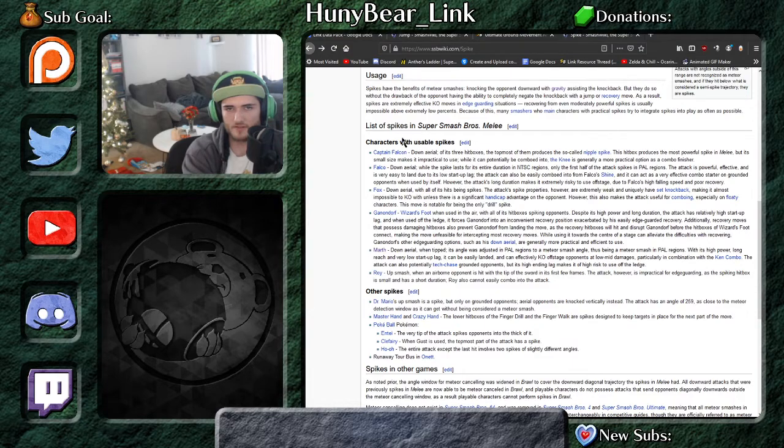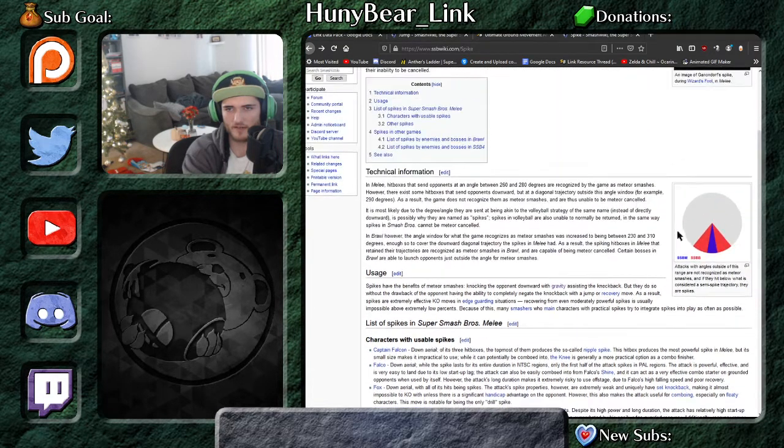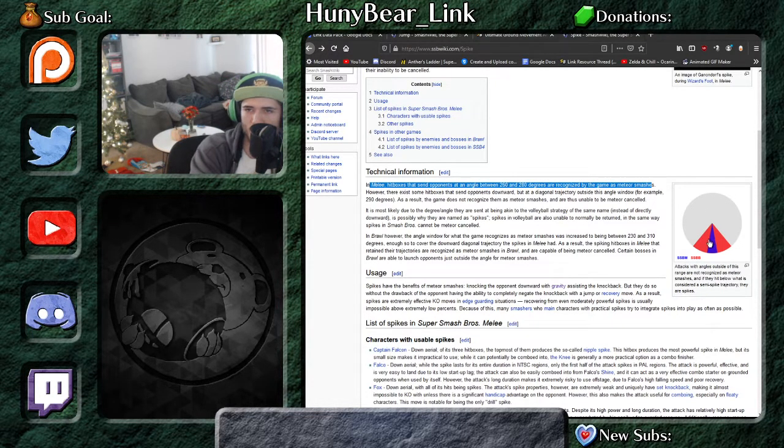And characters with usable spikes, something like Captain Falcon, you're going to see the spike area. Here, let's see. In Melee, hitboxes sending opponents between 160 and 180 degrees are recognized by the game as a meteor smash. But angles that send at a less steep, more shallow angle, like if it was 255, count as a true spike.